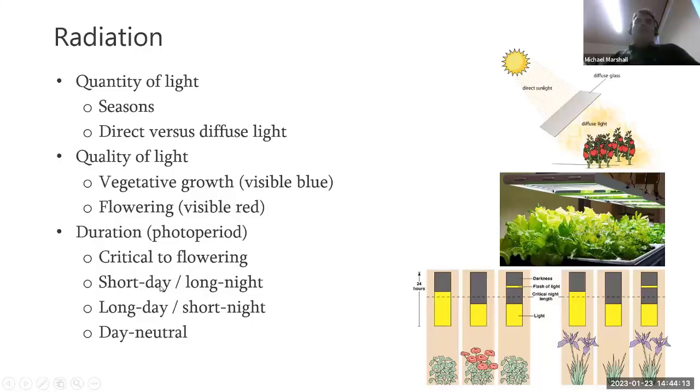You have these short day crops and long day crops. A short day crop, here on the left, you can see during the early part of growth, the days are long and the nights are short, but during the reproductive phase, the nights are long and the days are short. So it actually needs longer, cooler nights to reproduce.